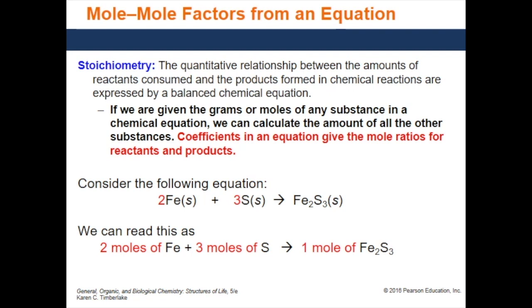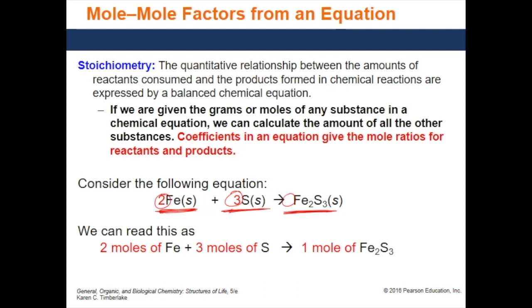Consider the following reaction. 2Fe plus 3S gives us Fe2S3, which means 2 moles of iron will react with 3 moles of sulfur to produce 1 mole of iron sulfide. Okay, this coefficient that you see is the number of moles of that molecule.